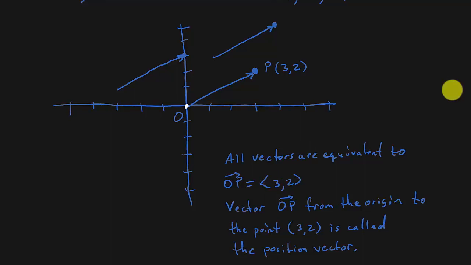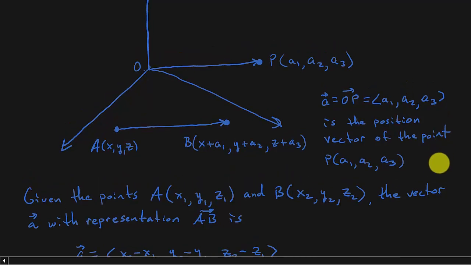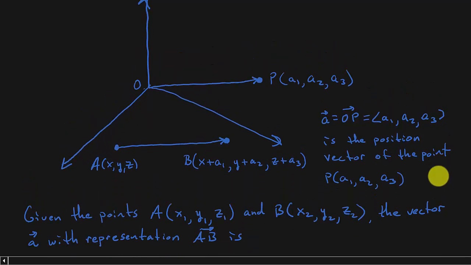All right, and then here it is in 3 dimensions. We can call this vector A, which is equal to vector OP. A = <a1, a2, a3> is the position vector of the point (a1, a2, a3).